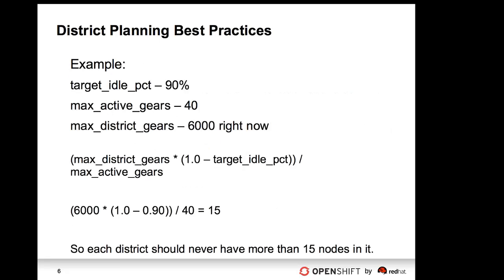Here's an example. If you take a 90% target idle percentage, 40 active gears per node, and 6,000, here's the math that works out. In this scenario, you would have 15 nodes in a district maximum. That doesn't mean you always have to add 15. You can start with 1 or 2 or 3 in the district, but the maximum you should ever have in any single district is 15.